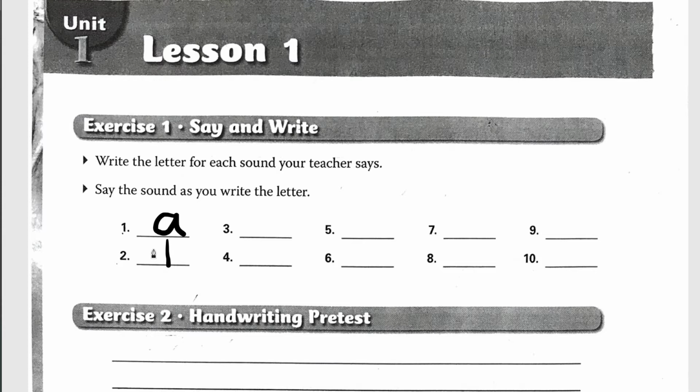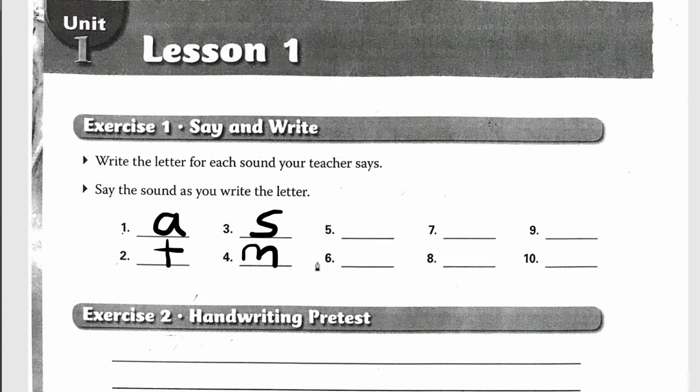T. If you said T, you are correct. Good job, guys. Number 3. S. That is S. Number 4. Everyone say with me. What letter is that? Like in mat. That is the letter M. Good job to those of you who said M.